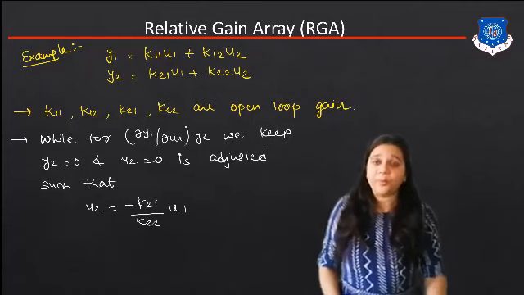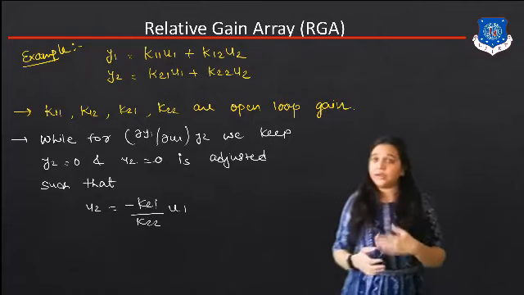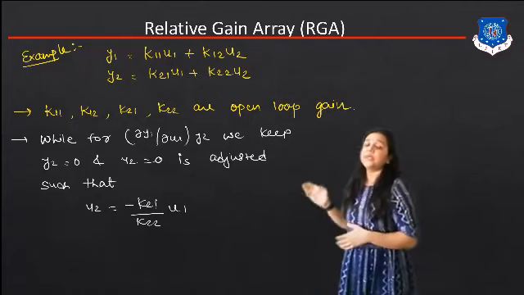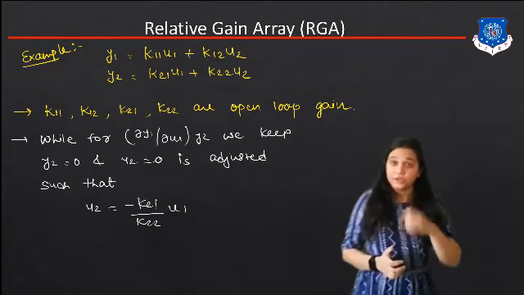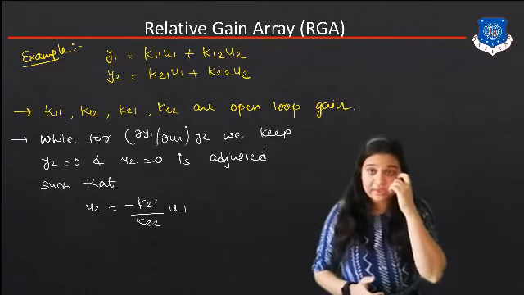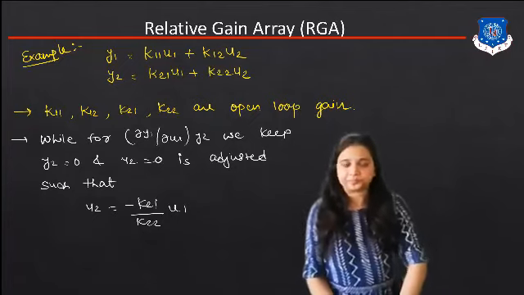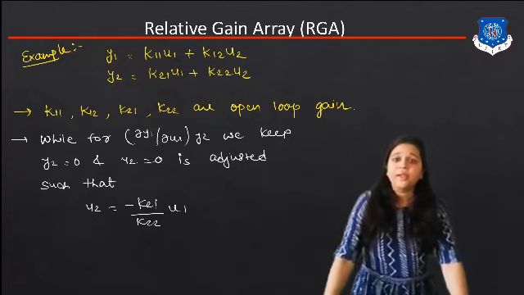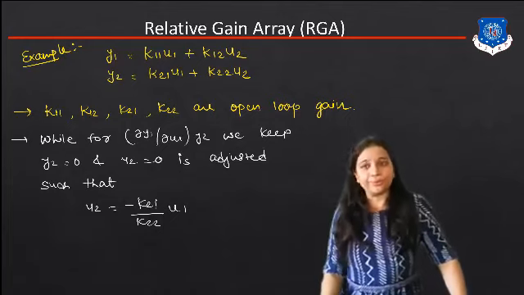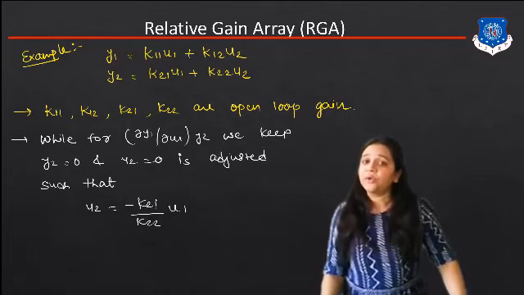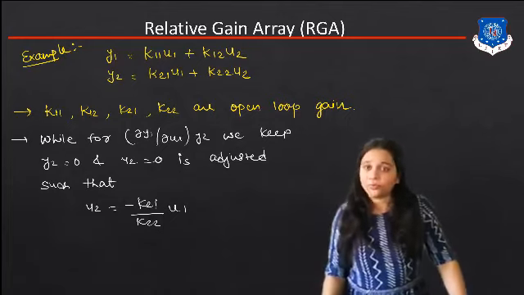So for more understanding, we can take one example using the multivariable controller. Here two systems are given, y1 and y2. y1 is equal to k11 u1 plus k12 u2. y2 is equal to k21 u1 plus k22 u2.